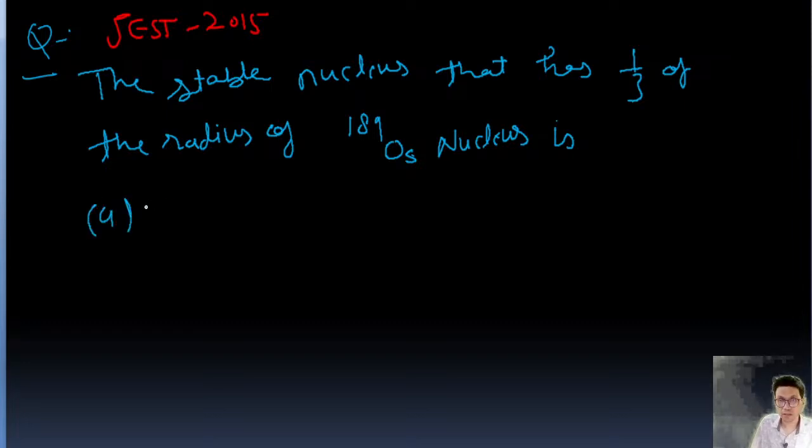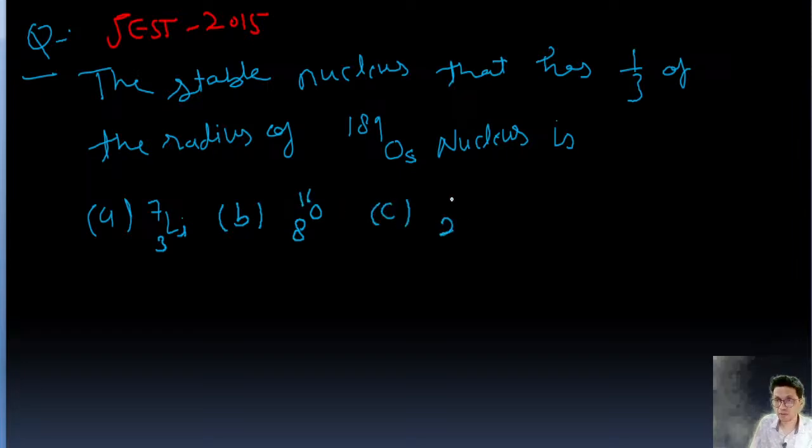Option A 3Li7, option B 8O16, option C 2He4, and option D 7N14. Okay, so these are the options.